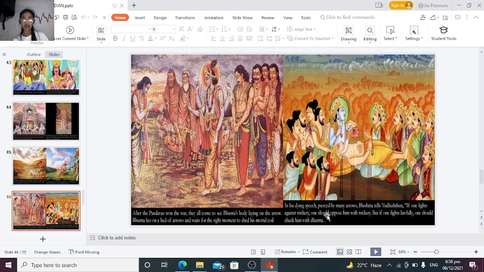In his dying speech, pierced by many arrows, Bhishma tells Yudhishthira, if one fights with trickery, one should oppose him with trickery. But if one fights lawfully, one should check him with dharma.